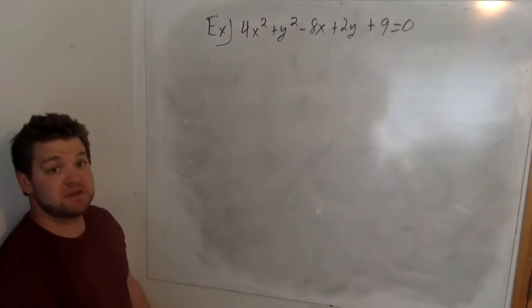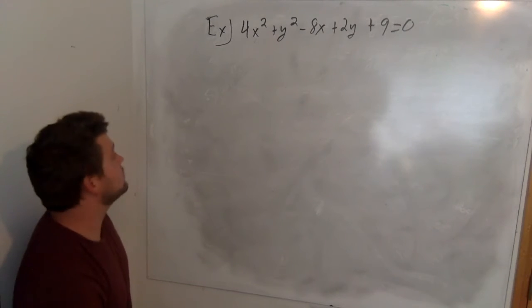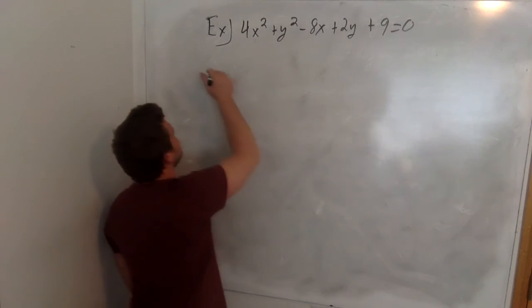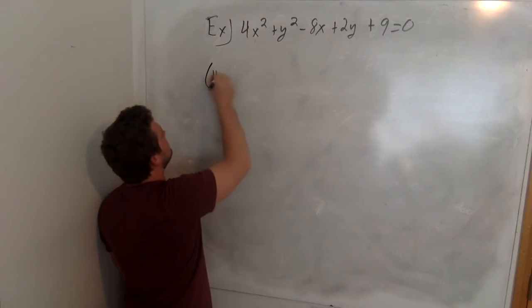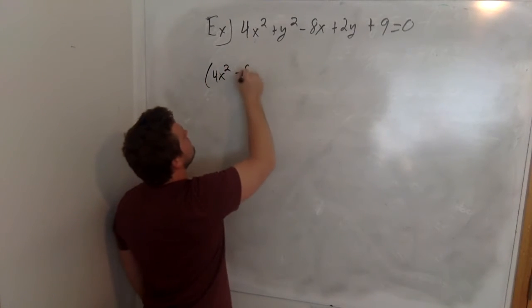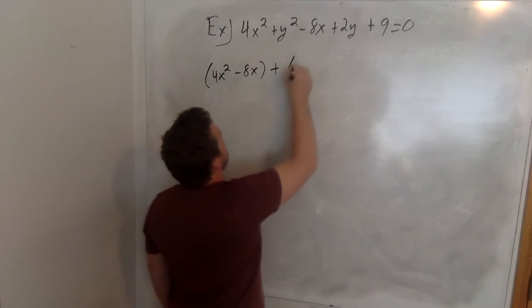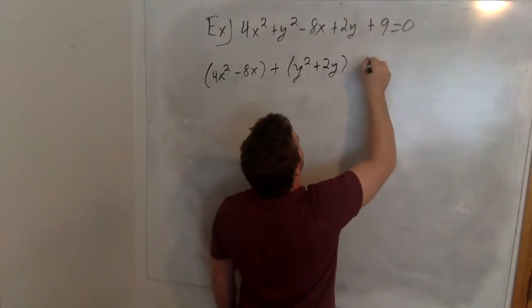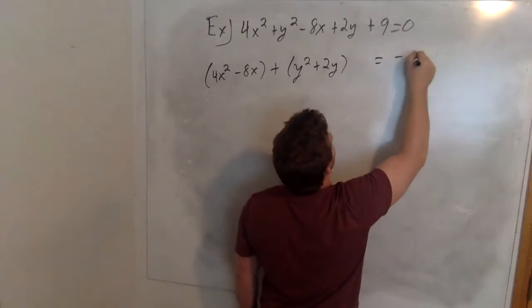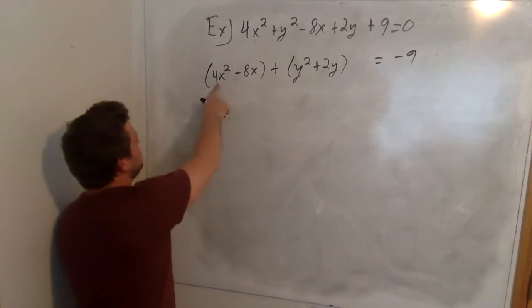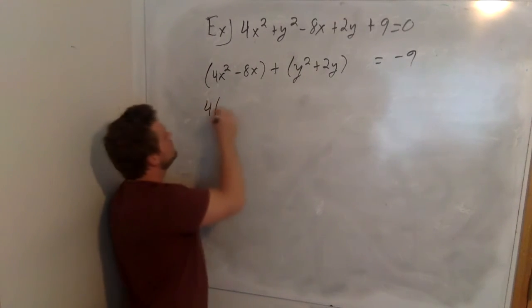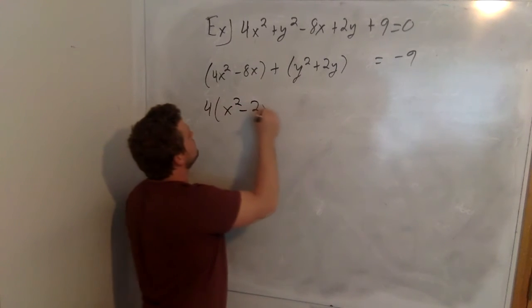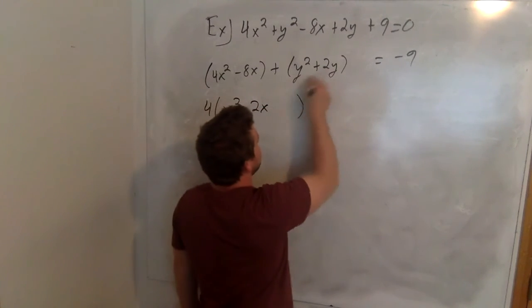Let's attempt to figure out which conic we have here. Let's group our x's together. We'll group our y's together. And maybe we subtract 9 from both sides. Let's factor out this 4. And there's nothing to factor out here.